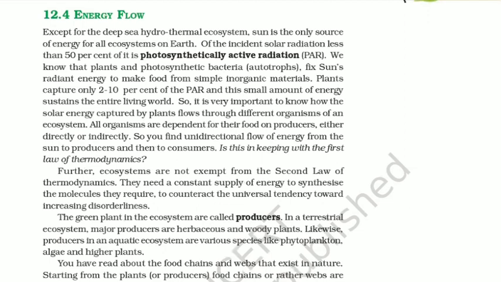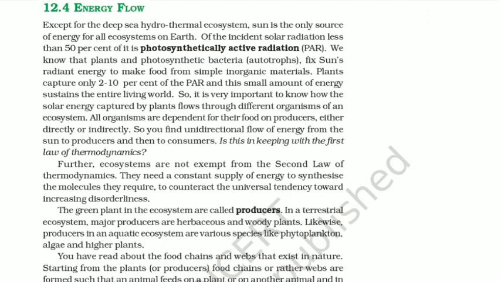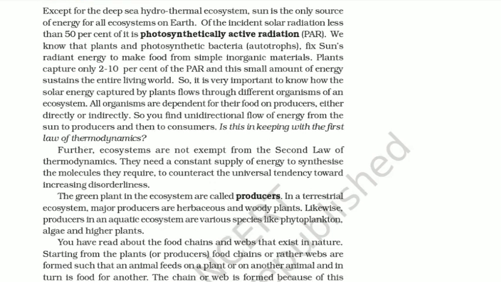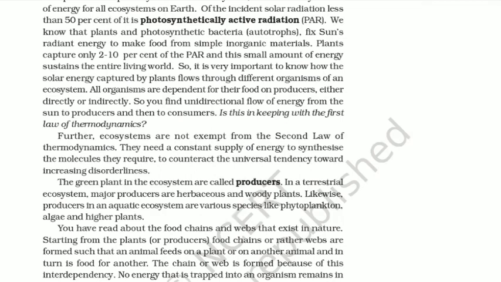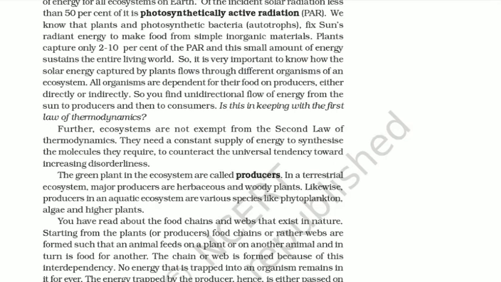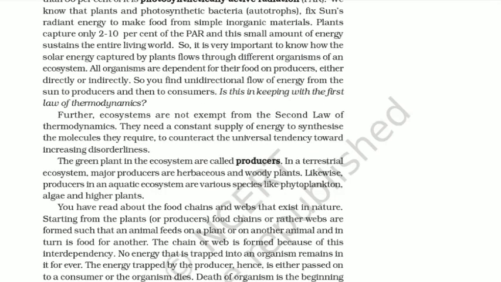12.4 Energy flow. Except for the deep sea hydrothermal ecosystem, the sun is the only source of energy for all ecosystems on Earth. Of the incident solar radiation, less than 50% is photosynthetically active radiation. We know that plants and photosynthetic bacteria fix the sun's radiant energy to make food from simple inorganic materials.